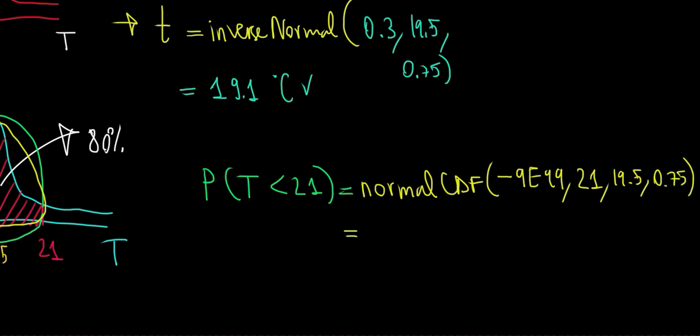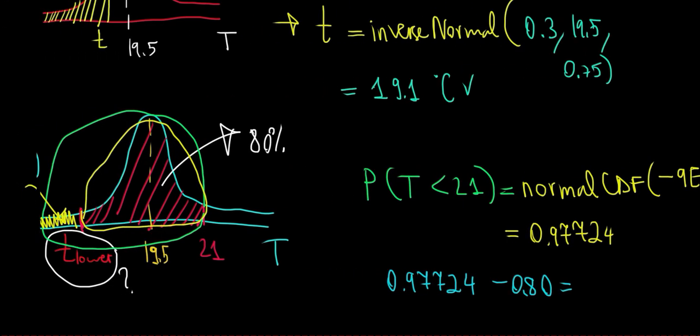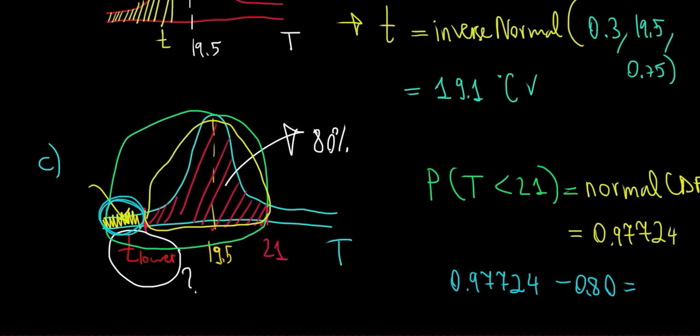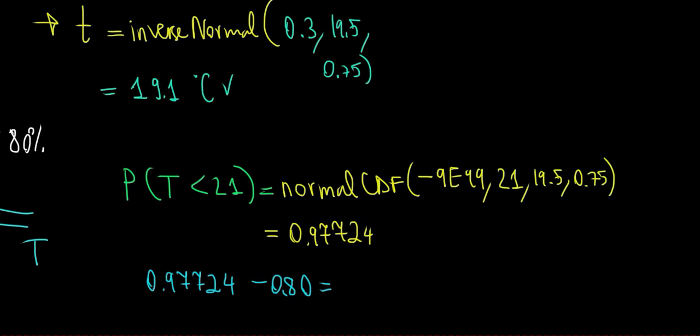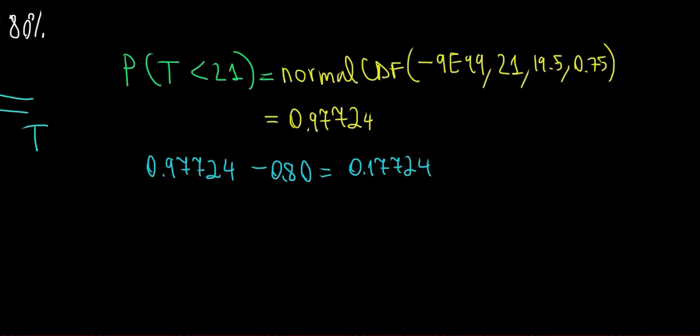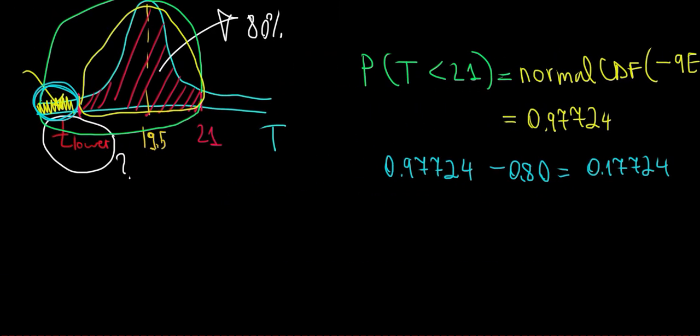We do all that and just take the answer from the calculator, which would be 0.97724. Now, as I said, we can subtract 0.97724 minus 0.80 to calculate this small piece, this one over here. This is what I want right now. So this is going to be 0.17724.